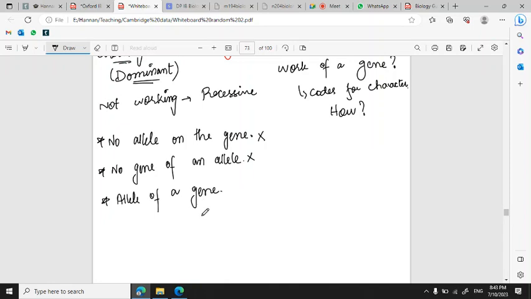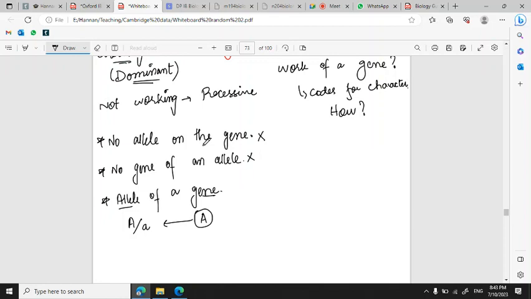It means if a gene is A, then its allele may be small a, or it can be a capital A. The gene would always be referred to as a single thing. Its alternate form would be called alleles. So always remember, there is no gene of an allele. There would be allele of a gene.